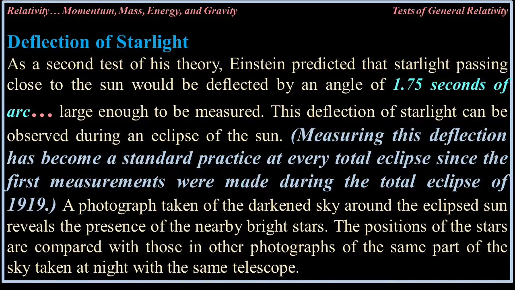Measuring this deflection has become a standard practice at every total eclipse since the first measurements were made during the total eclipse of 1919. A photograph taken of the darkened sky around the eclipsed sun reveals the presence of the nearby bright stars. The positions of the stars are compared with those in other photographs of the same part of the sky taken at night with the same telescope.